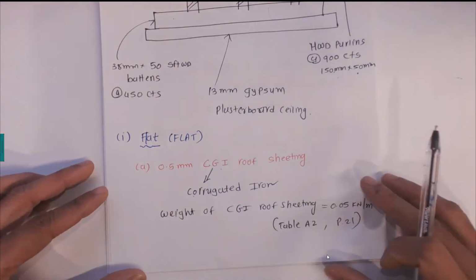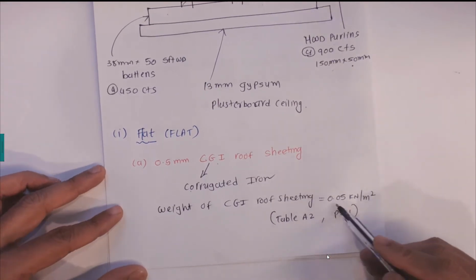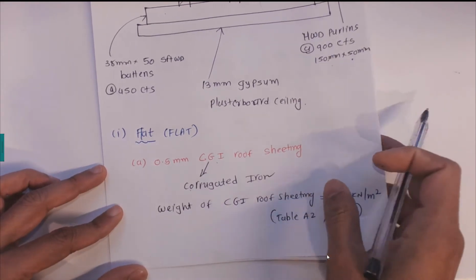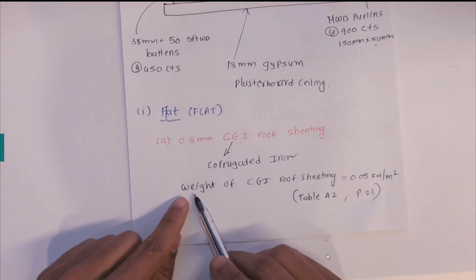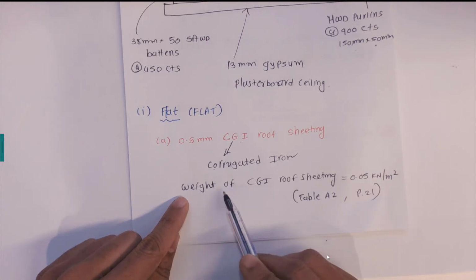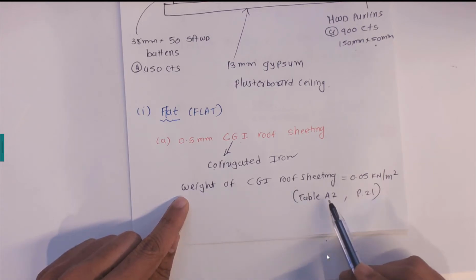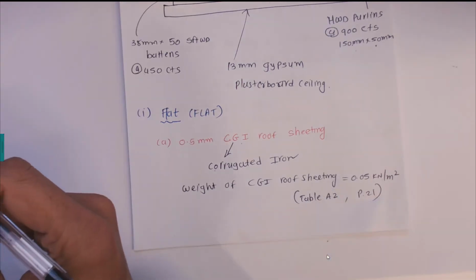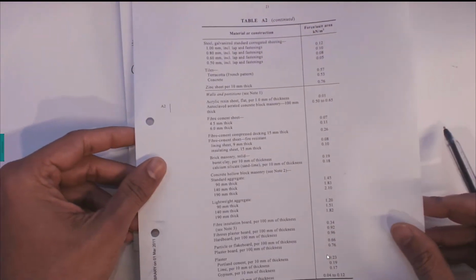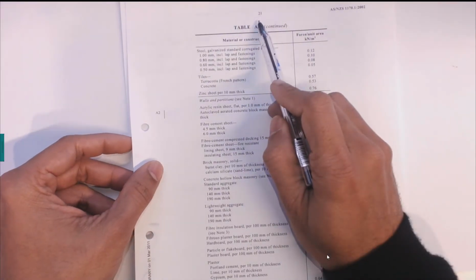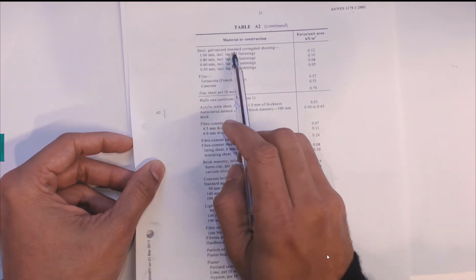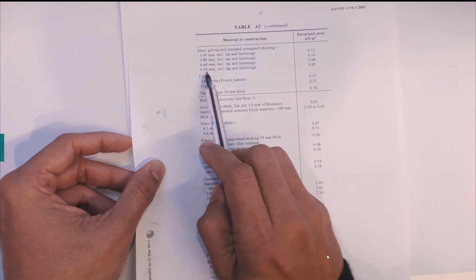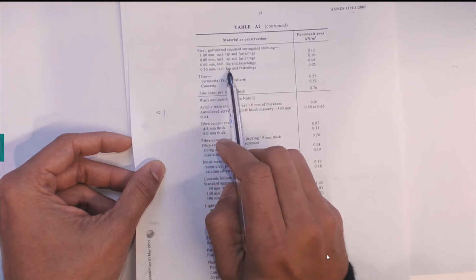For this case, we need to find the weight in kilopascals, which is kilonewton per meter square, as given in the question. That is relatively easy. To find the weight of CGI roof sheeting in kilopascals, I can check Table A2 of AS/NZS 1170.1, here on page 21. It gives steel galvanized standard corrugated sheeting, and we are looking for 0.5 millimeters.